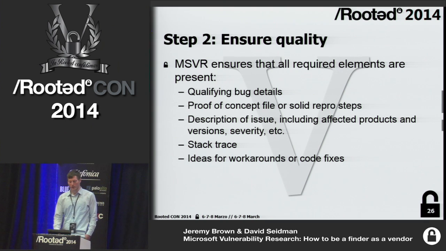Step 2, ensure quality. Want to make sure all the details are present. So, like I said, it's much easier to get the bug fixed if you can hand something to the company, which goes to the developer who's responsible for the product, and they can fix it without having to spend hours trying to figure out what the actual problem is.